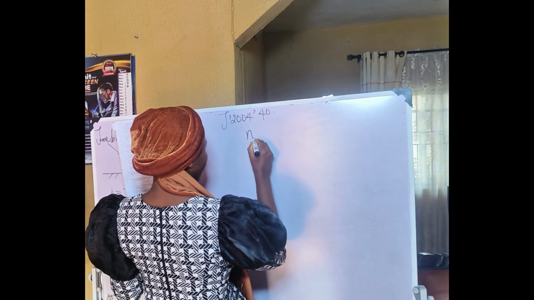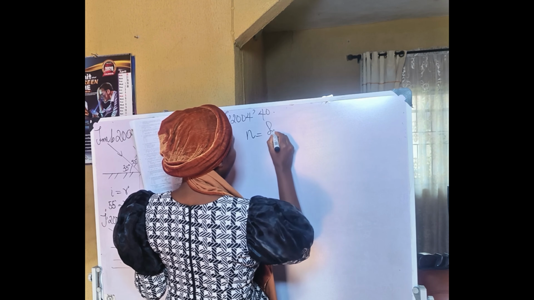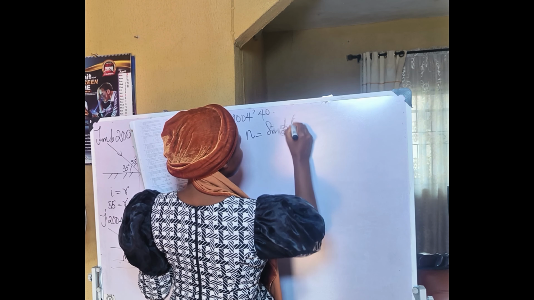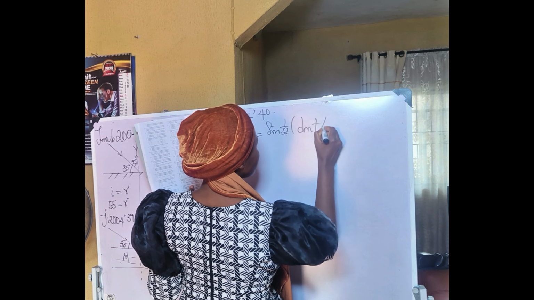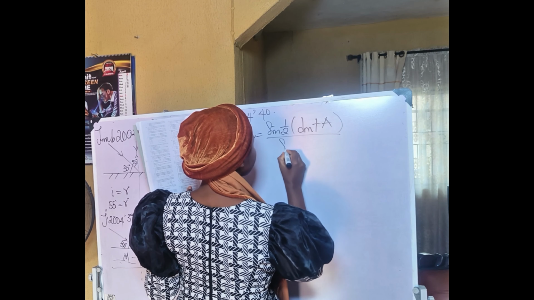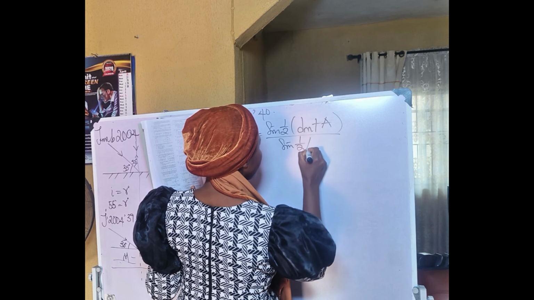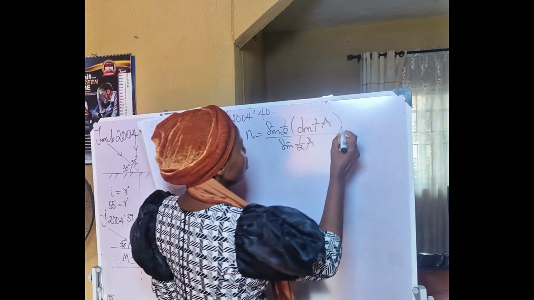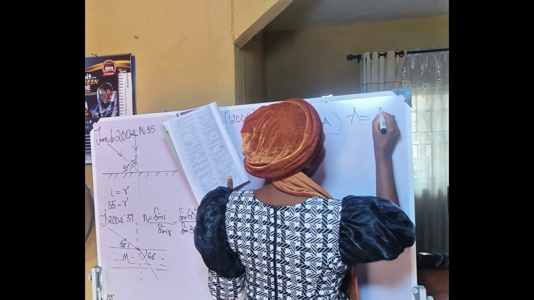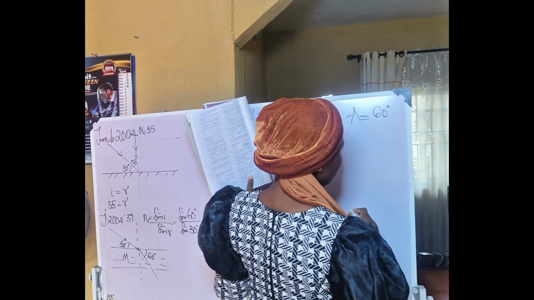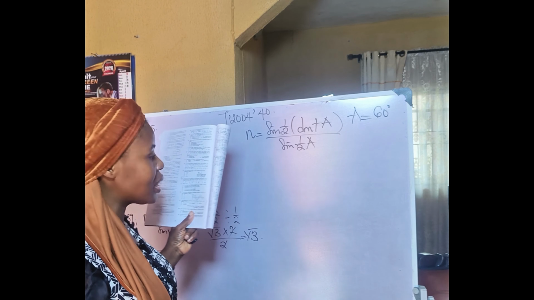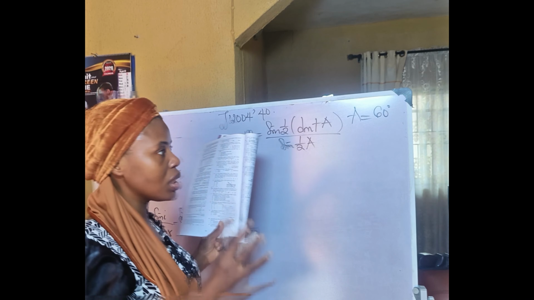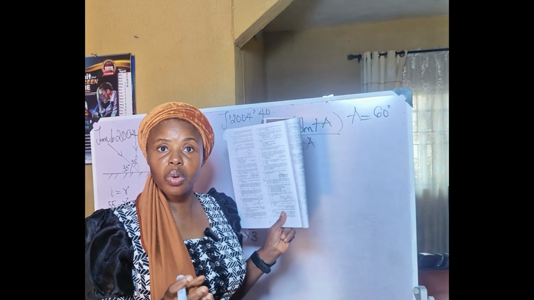So I go N is equal to sine half of dm plus A all over sine half of A. Usually A is always equal to 60 for equiangular, meaning that all the angles in that triangle are equal.